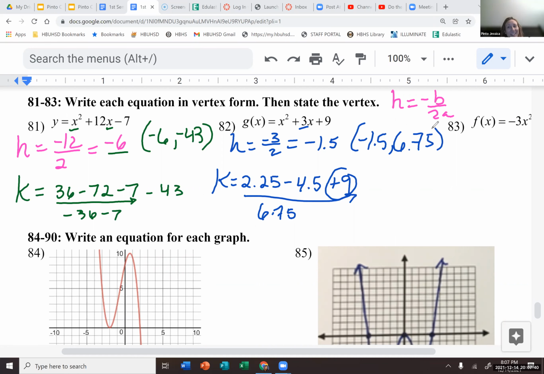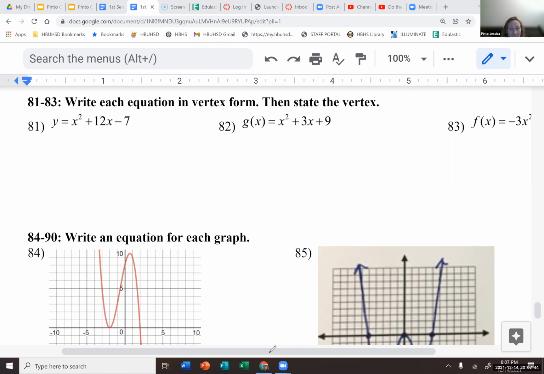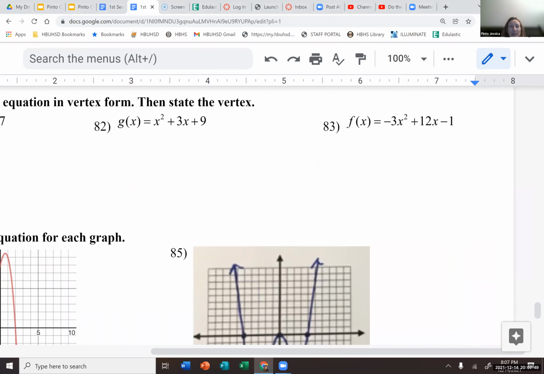All right, last one, 83. So the work is going to be the same if it's also in standard form. And it is. So I'm going to do negative b over 2a. It's going to be negative 12. Oh, interesting. They were all positives.